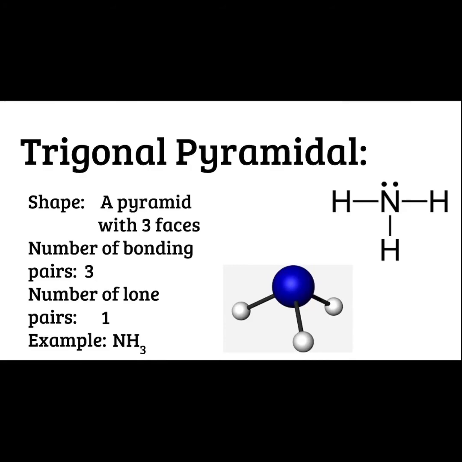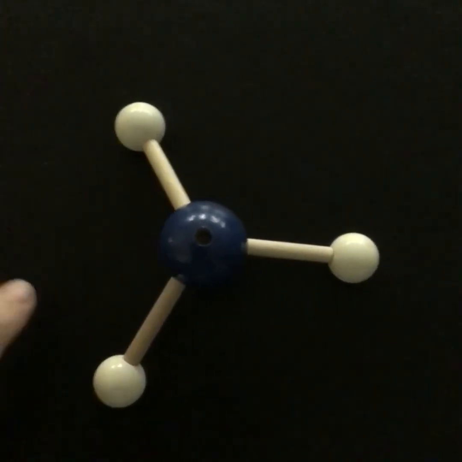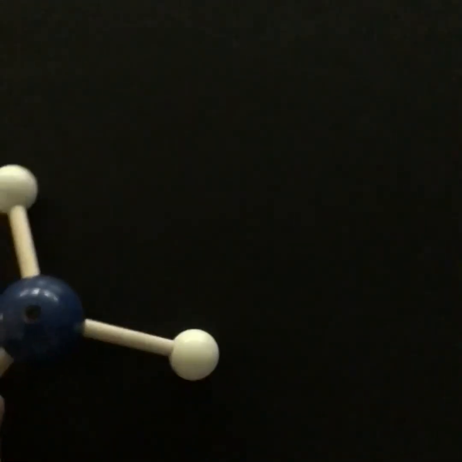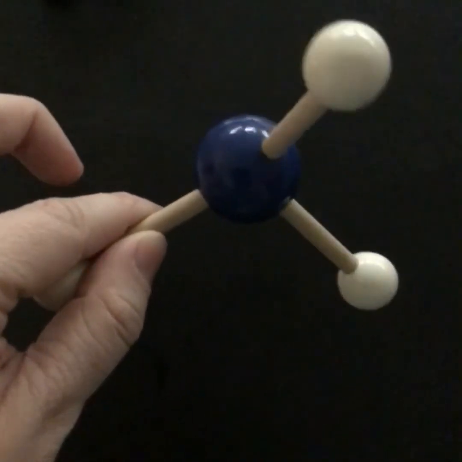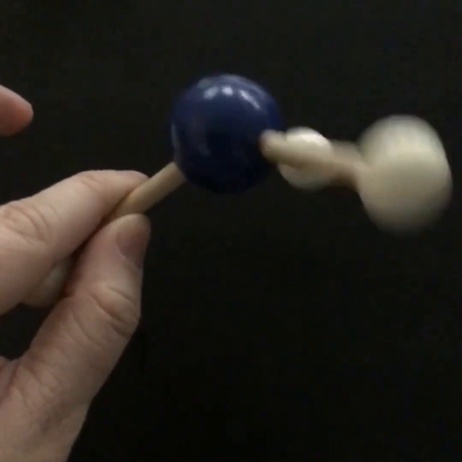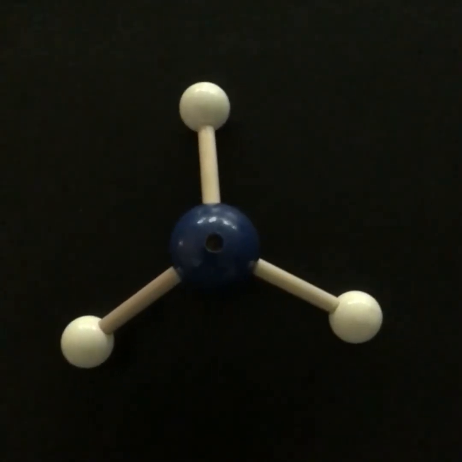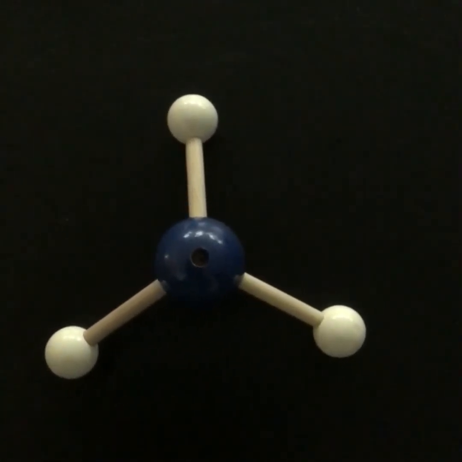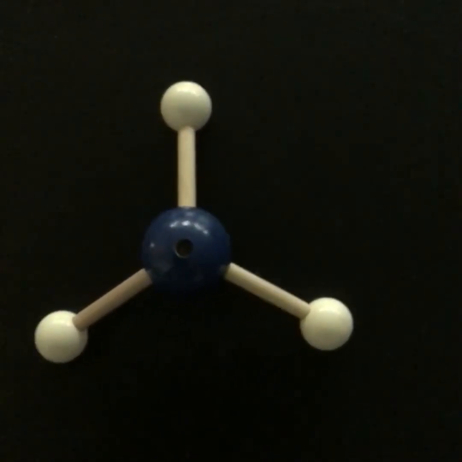There's a 3D example. This is an example of a trigonal pyramidal compound. So it is not flat like the last one was. It actually makes a little bit of a pyramid. If I were to measure out my angles, it would be between here and here, and that would be 109.5 degrees.